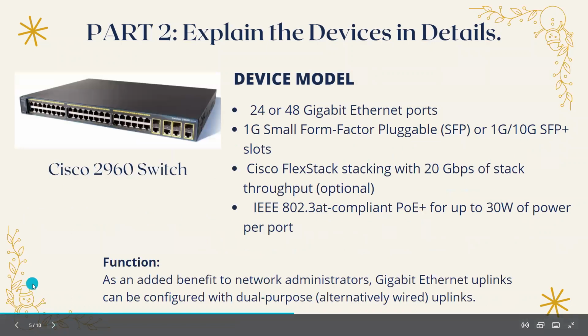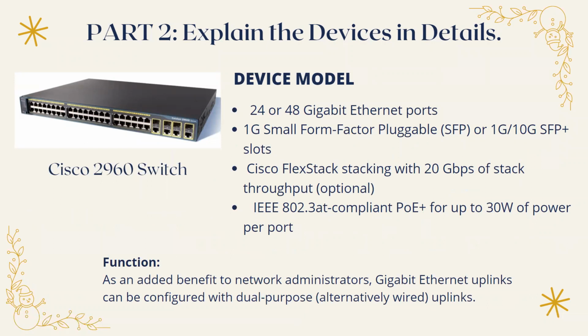So next is the Cisco 2960 switch. For the device model, we have 24 or 48 Gigabit Ethernet ports. We have a 1 GB form factor plus SFP, or 1G or 10G SFP+ slots.